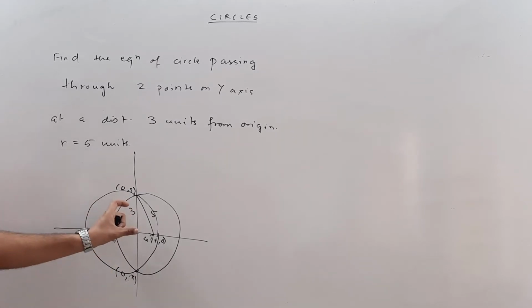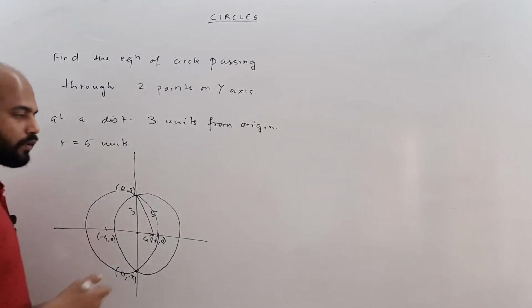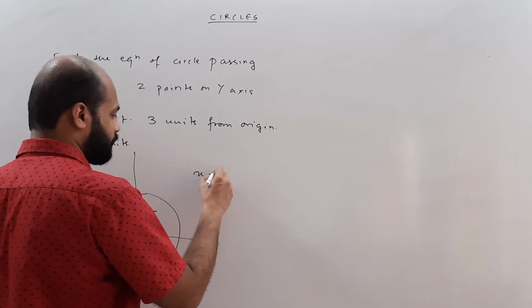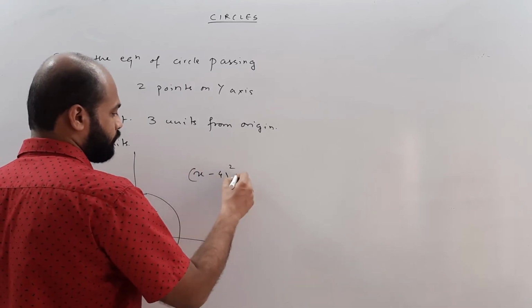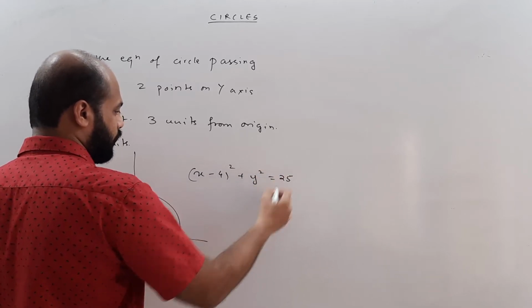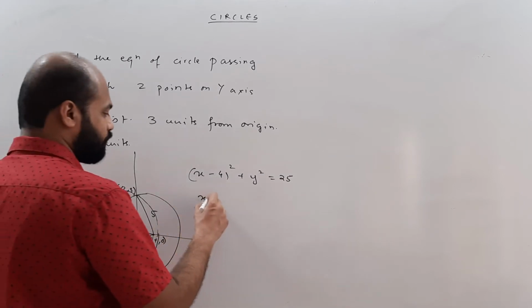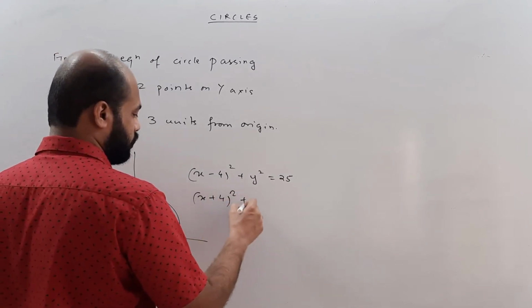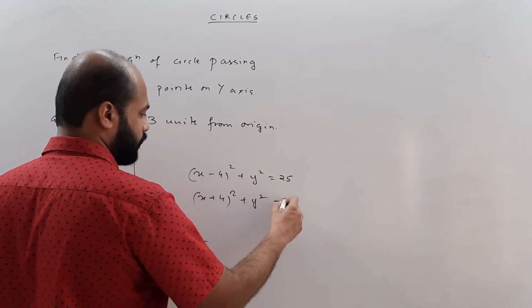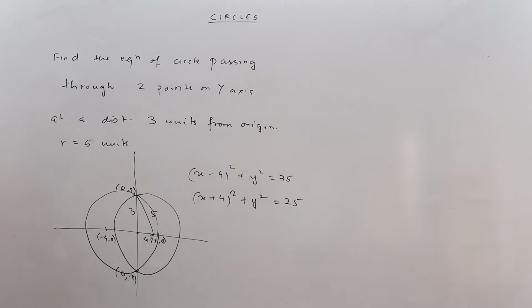So this radius is 5, this is 3, and this is 4. Now what we get is the equation of the circle: x minus 4 the whole square plus y square equals 25, because 5 is the radius. Or else the equation of the circle on this side can be x plus 4 the whole square plus y square equals 25. So these are the two equations possible.